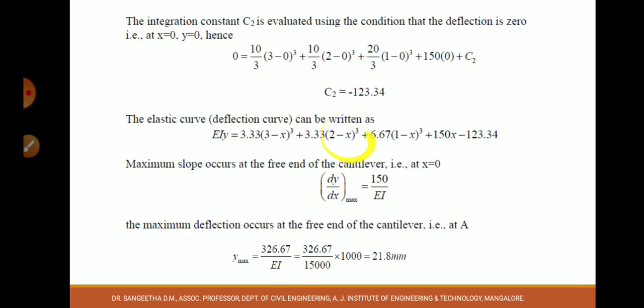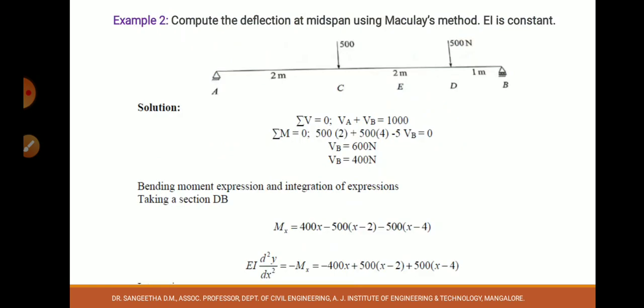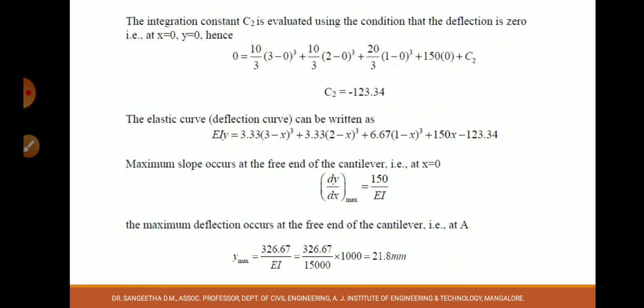So, whenever it is negative, it is treated as 0. 1 minus 3 is negative, it is treated as 0. So, 150 into 3 by EI minus 123.34. That gives the solution. So, again the same case, y max. To be noted, here at x is not equal to 0, at x is equal to 3.